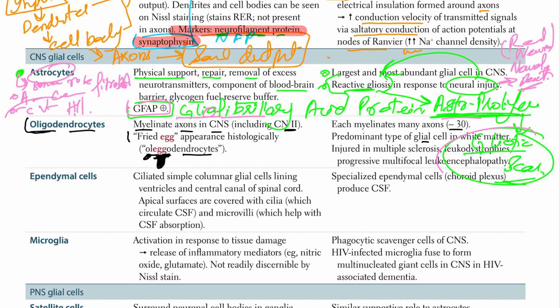Predominant type of the glial cells in the white matter, injured in multiple sclerosis. MS messes up the oligodendrocytes, leukodystrophies, and progressive multifocal leukoencephalopathies. Okay, so these are three diseases which injure the oligodendrocytes.